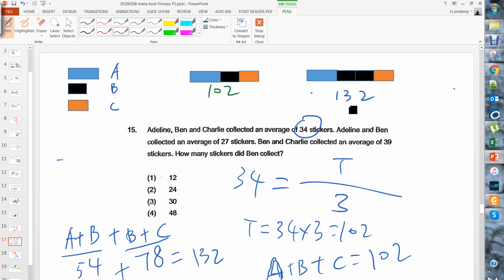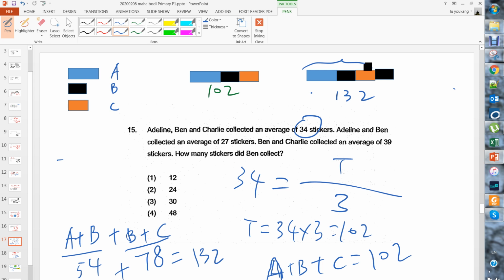Okay. So now, can you see? I rearrange. Did I change anything? I just rearrange, right? So the value I never change, right? How much is this?